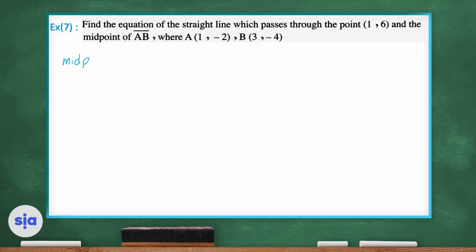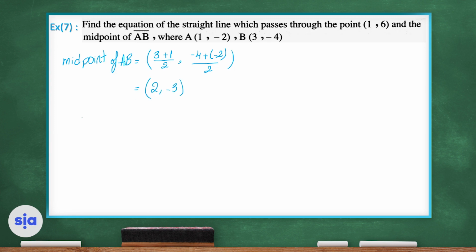So the midpoint of AB is (3 plus 1) over 2 and (-4 plus -2) over 2. So the midpoint of AB has coordinates (2, -3).